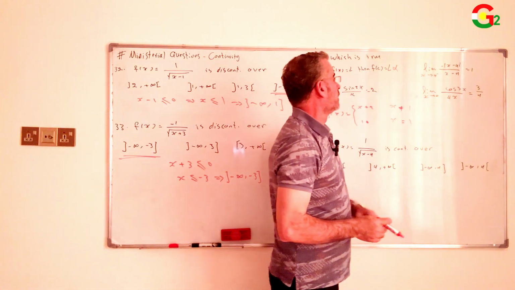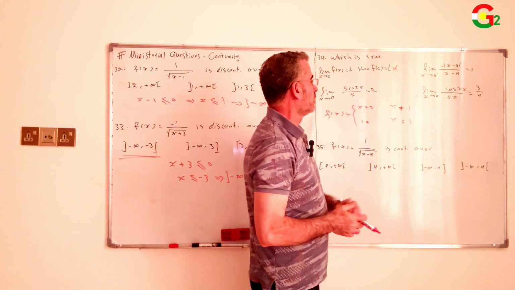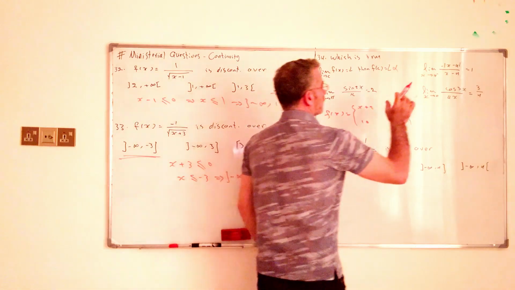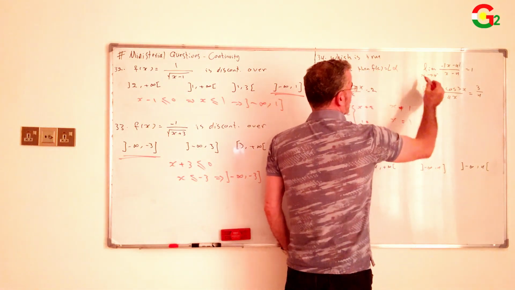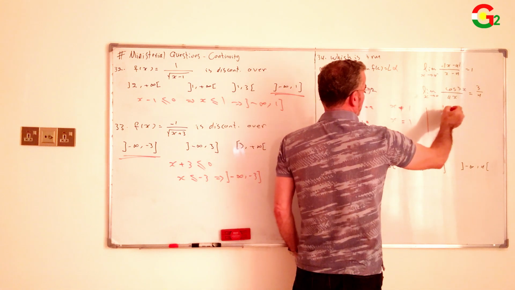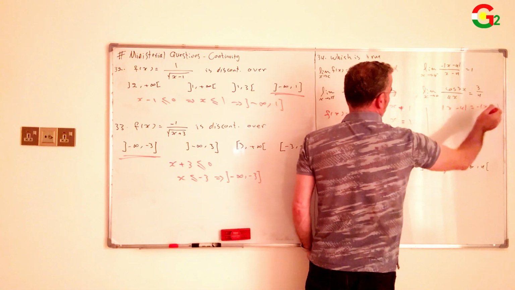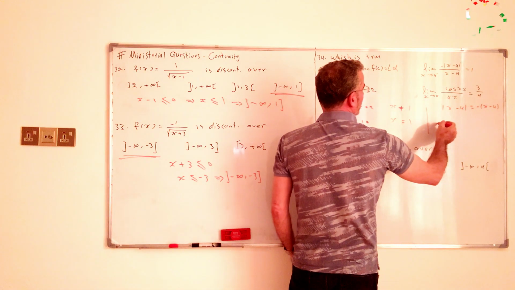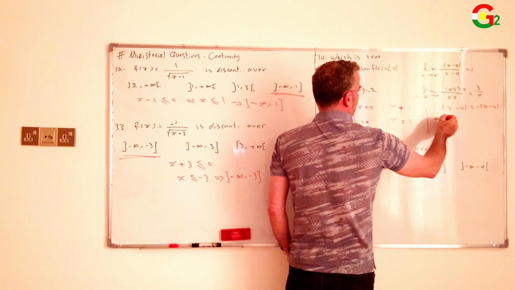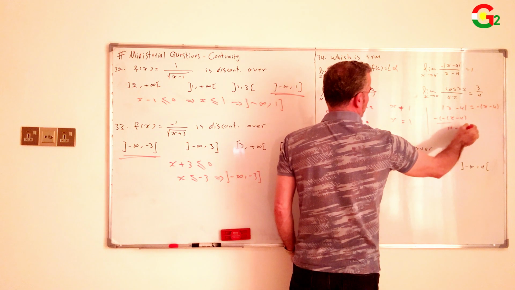Limit of negative absolute value of x minus 4 over x minus 4 as x approaches 4 from the left is 1. When x approaches 4 from the left, the absolute value of x minus 4 equals negative of x minus 4. Therefore, the value of this limit will be negative x minus 4 over x minus 4.